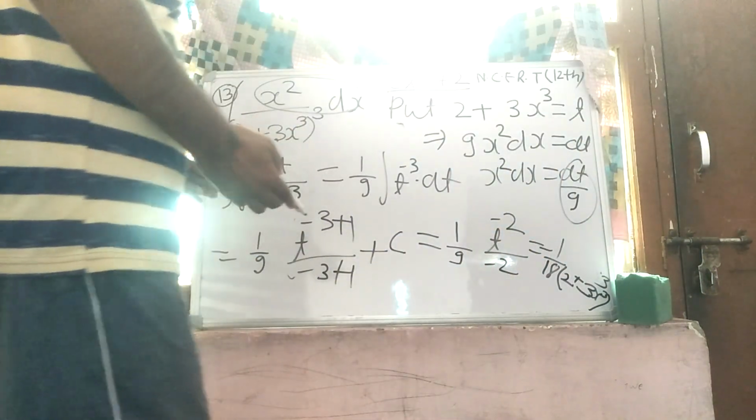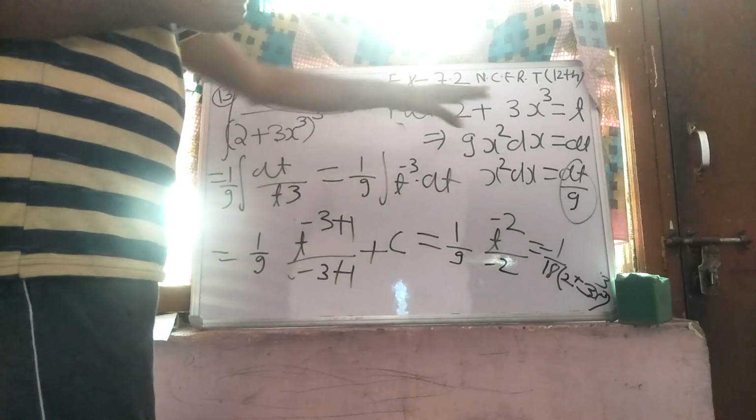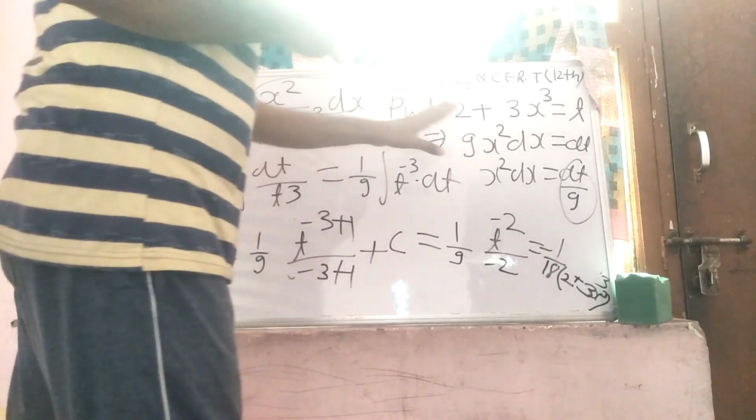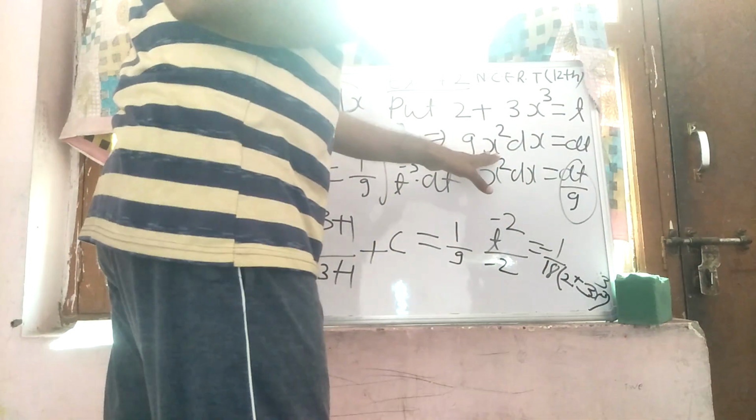x to the power 3. Let me explain: we put 2 plus 3x to the power 3 equal to t. Putting means we differentiate: the derivative of 2 is 0, and 3 times 3 is 9, x square into dx.